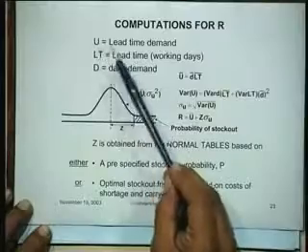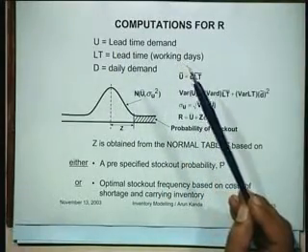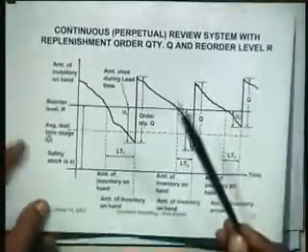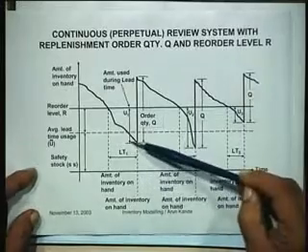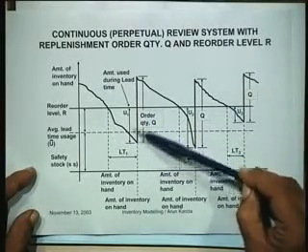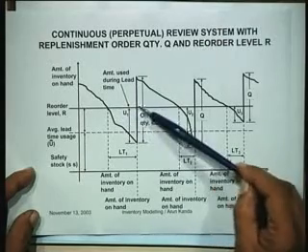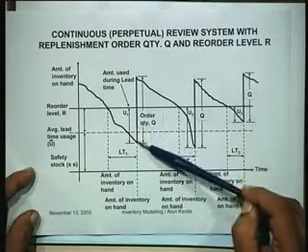We just saw that the lead times could be uncertain. So how do you consider those kinds of uncertainties? If U is the lead time demand, the value from here to here is the total amount consumed during the lead time. During this time from here to here, you have consumed this much quantity.